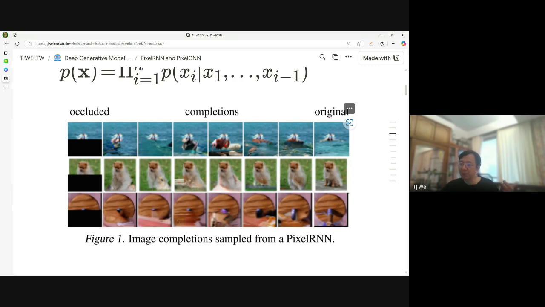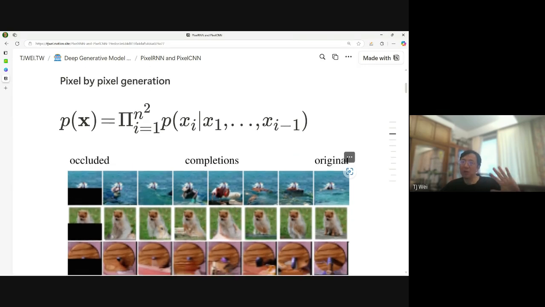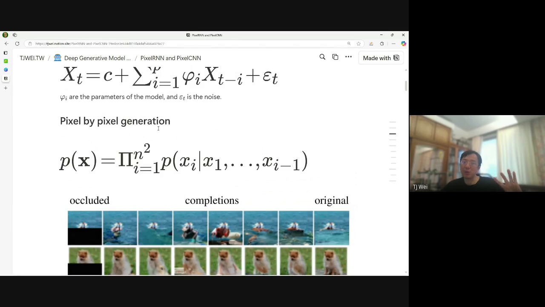So when you read the title, like pixel by pixel generation, when you see the pixel, you probably already guess that it is using autoregressive models, but it wishes to generate the pixels one by one. So the first question is, which order does this paper choose?